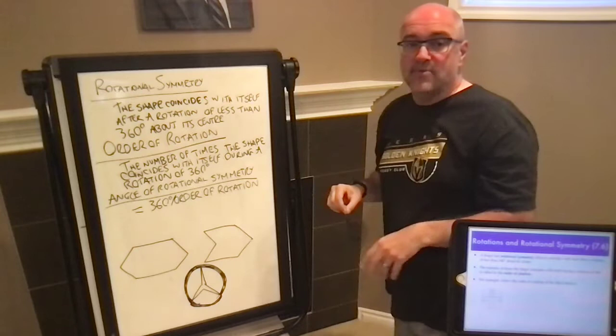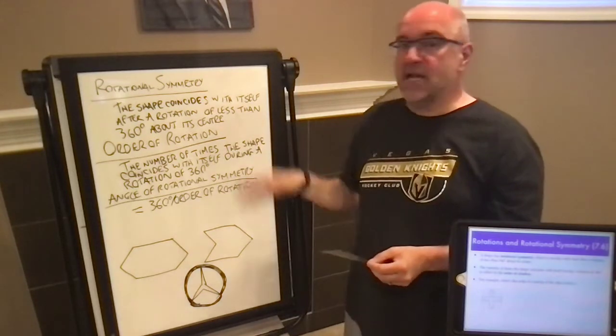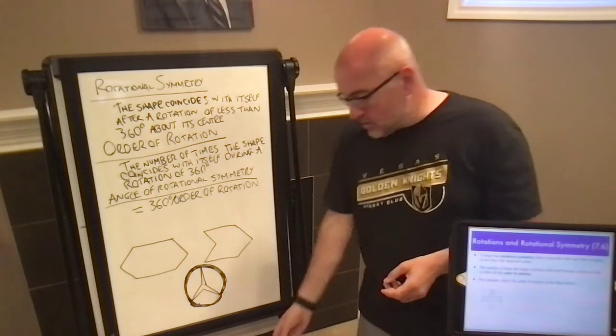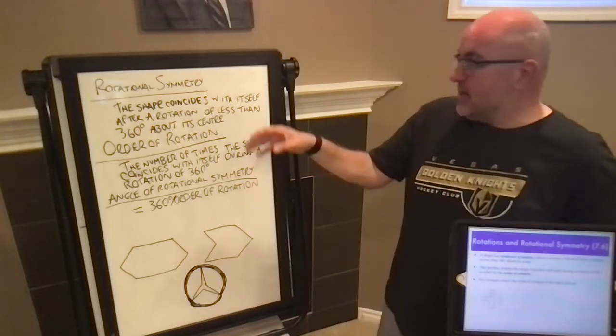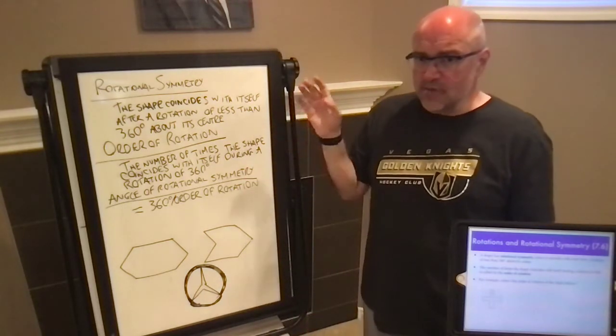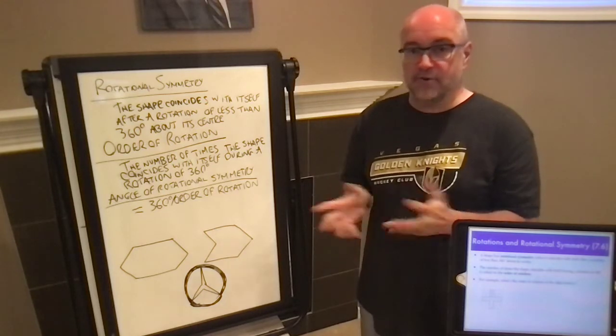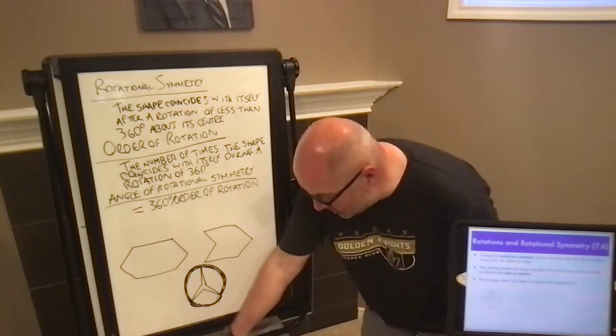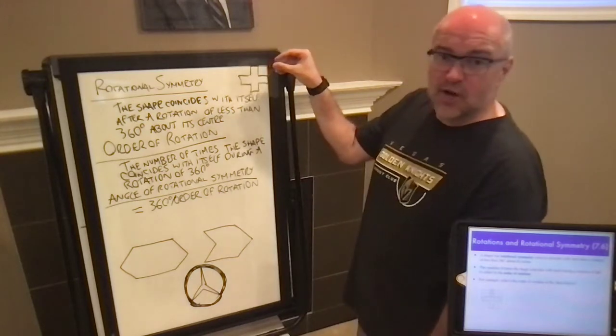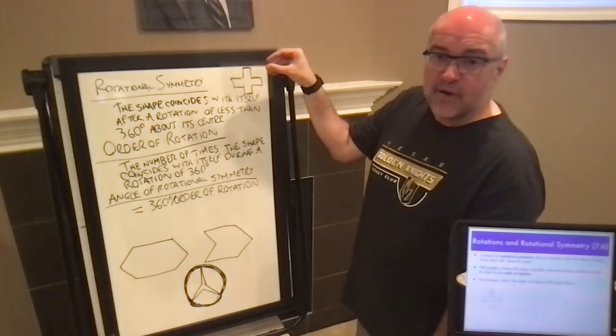That means this object has an order of rotation equal to 4. The order of rotation is the number of times that a shape can coincide on itself during the rotation of the 360 degrees. So this had an order of rotation of 4.